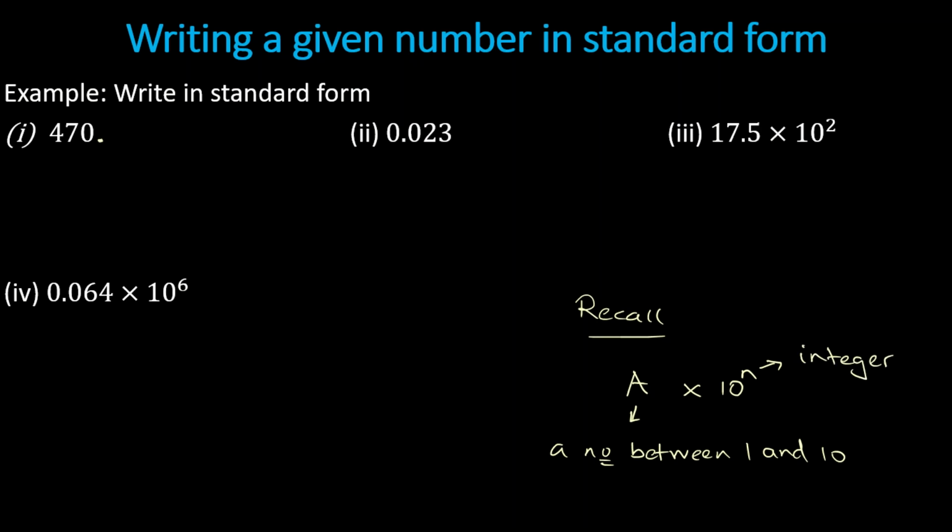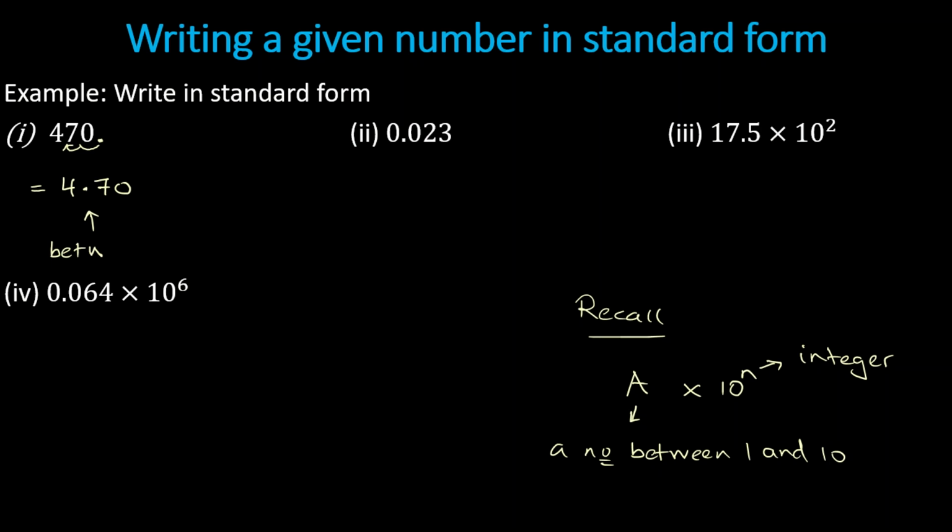So the key here is to make the number 470 between 1 and 10. So we have to move the decimal to the left, 1 decimal place. So it's 47. Still we continue to move. So we have 4.70, which is between 1 and 10.